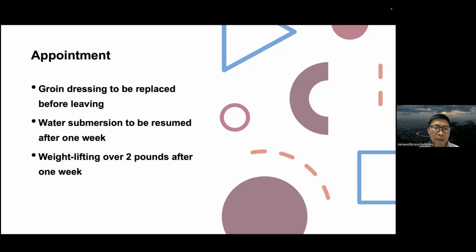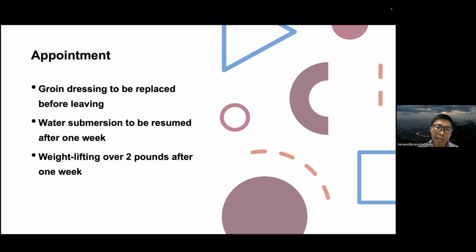You may need another dressing replacement before leaving, and it can be removed after a week, after which you may let the water get to the area.